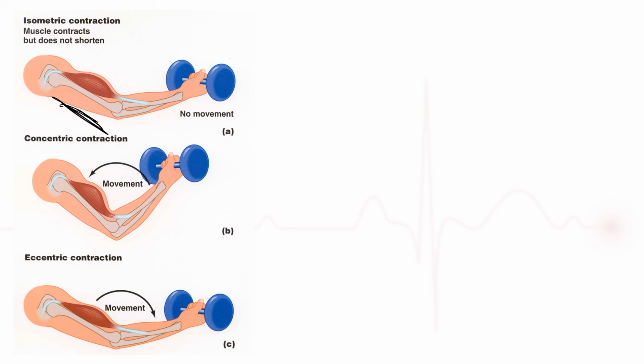Now you can also do isometric contractions without trying to lift really heavy objects. For example, you could contract your biceps muscle right now and not have elbow flexion or extension happen. Okay, think of somebody contracting their biceps muscle to show off or whatever, in a gym setting, whatever the case might be, right?